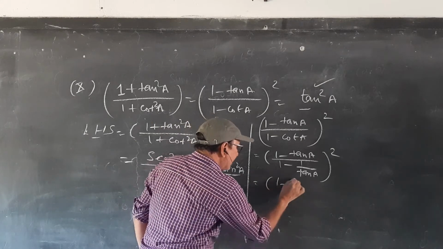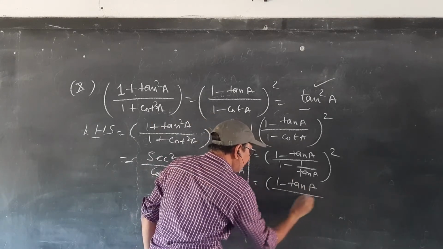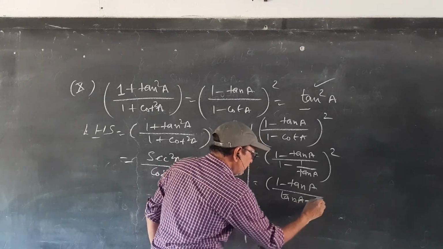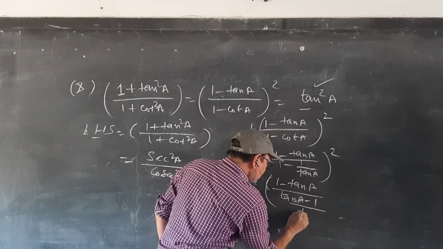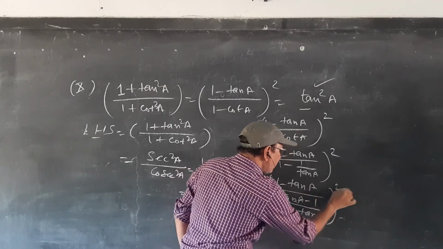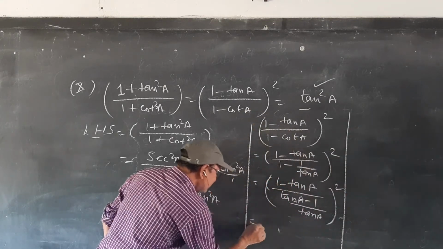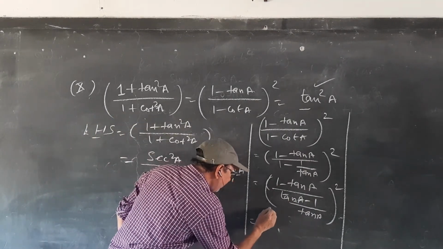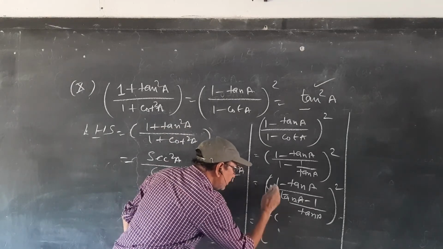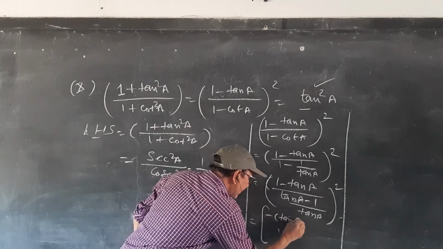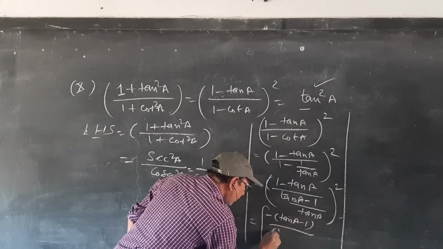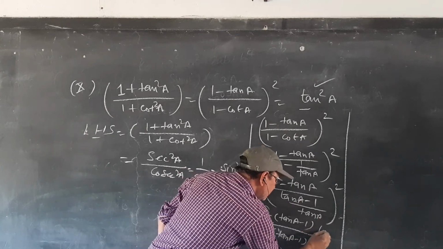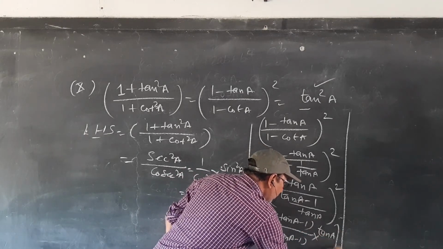So here 1 minus tan A, and then here tan A minus 1 upon tan A. Actually we require tan square, so take minus common from here: minus (tan A minus 1) upon tan A minus 1, and it becomes 1 upon tan A, that is tan A, whole square.